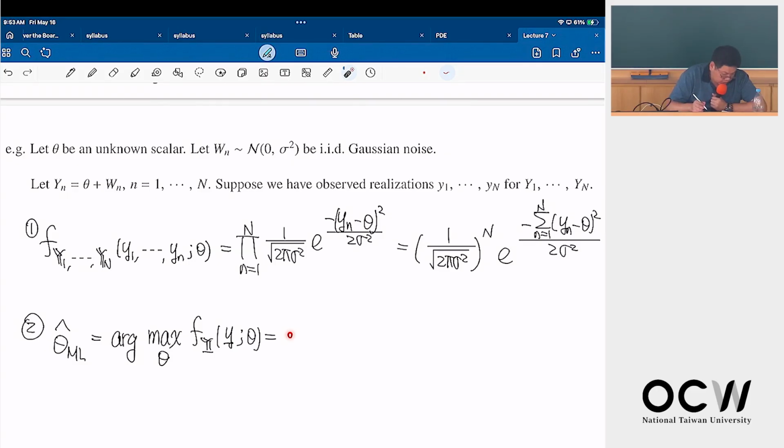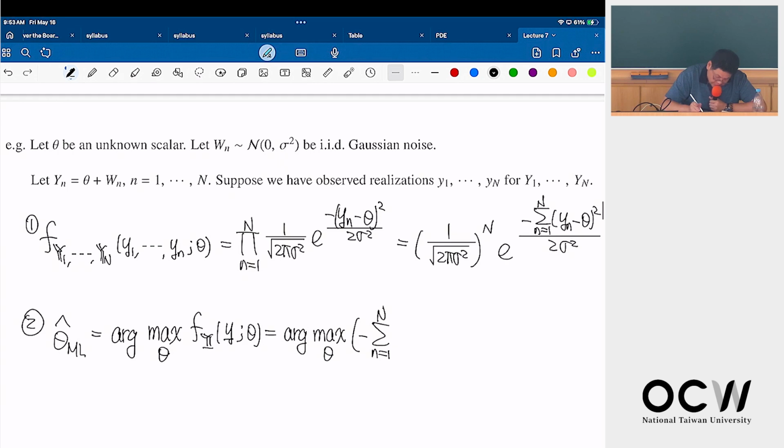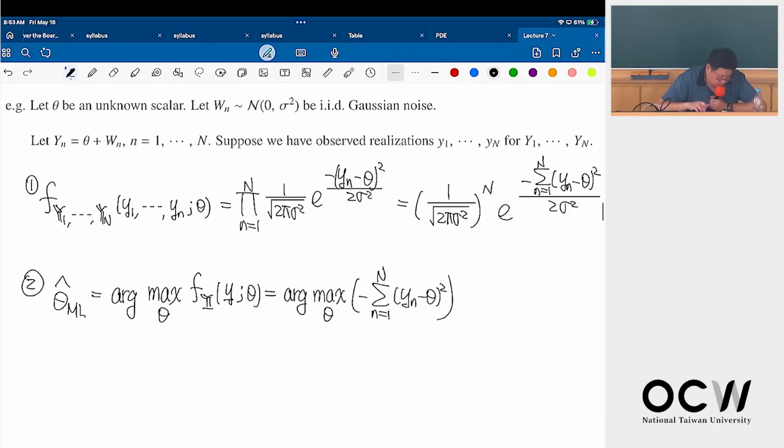So arg max, the negative summation. To find the maximum of this summation, we need to take the derivative.